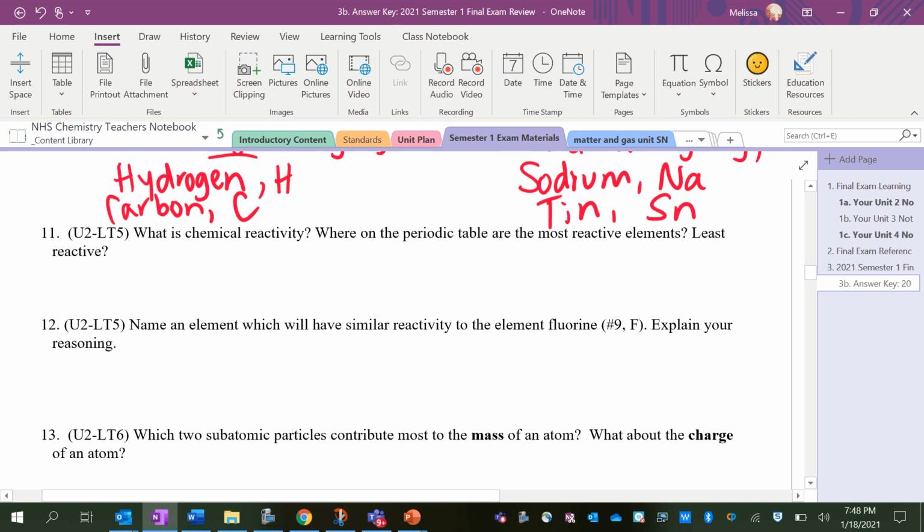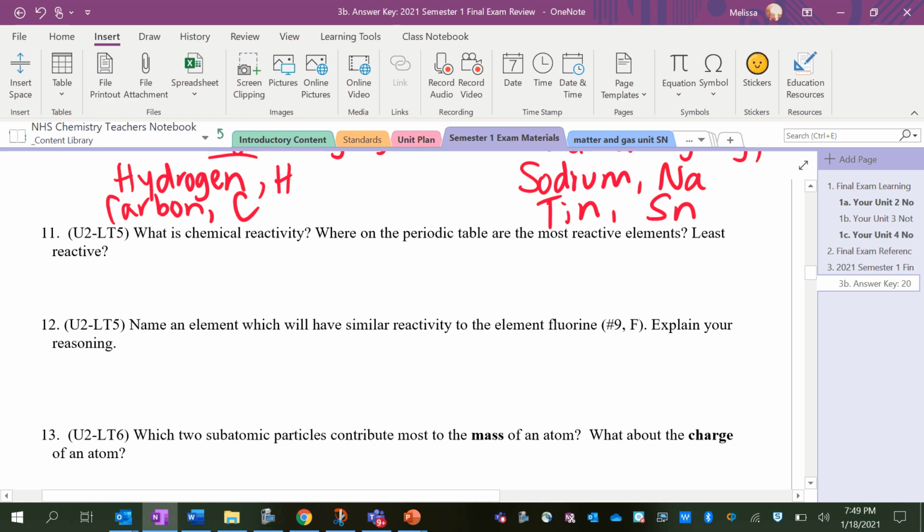All right, number 11, what is chemical reactivity and where on the periodic table are the most reactive elements and the least reactive? Well, chemical reactivity is the likelihood of something to form a new compound.